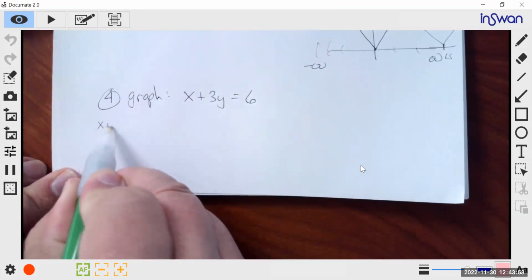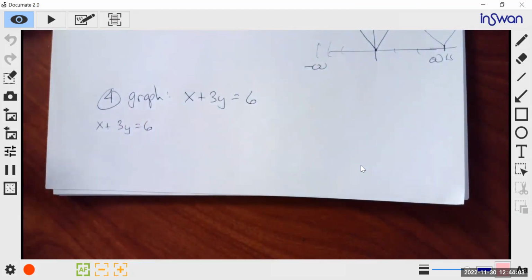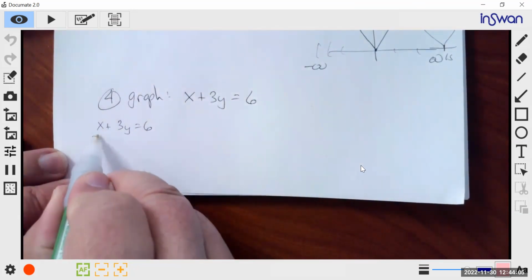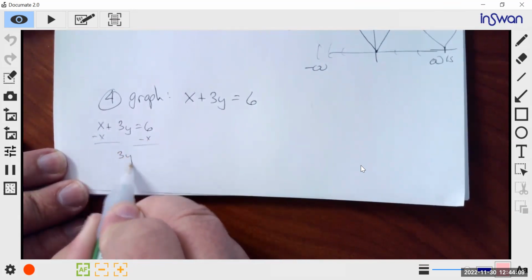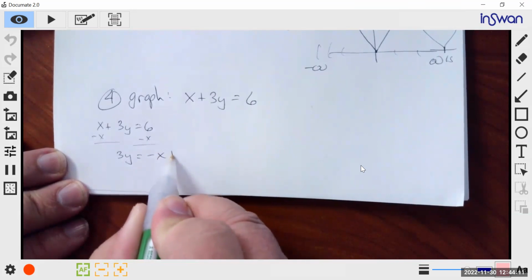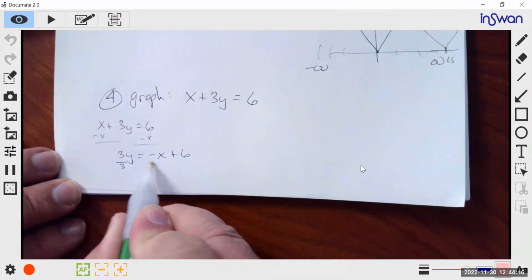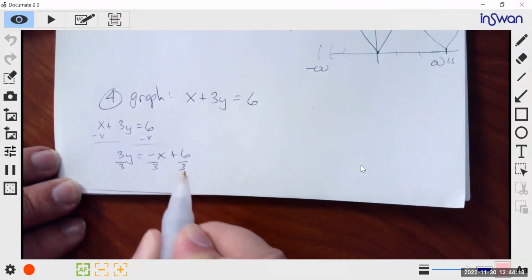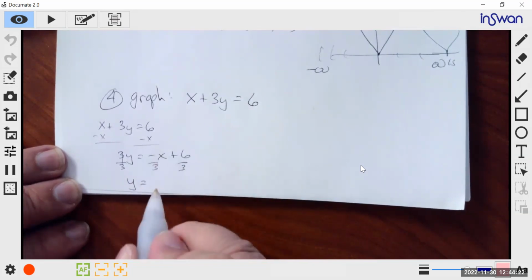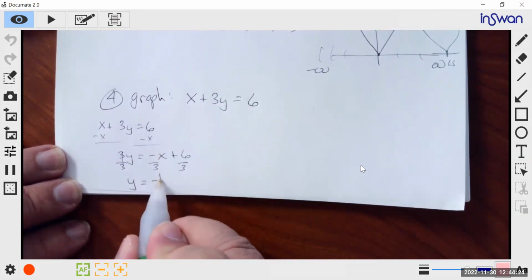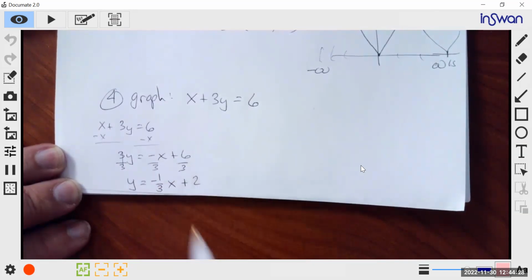If we took this equation and solve for y. Subtract x. 3y equals negative x plus 6. Divide each term by 3. The equation will be y equals, there's a 1 there, so it's negative 1 over 3 x, plus 6 over 3 is 2.